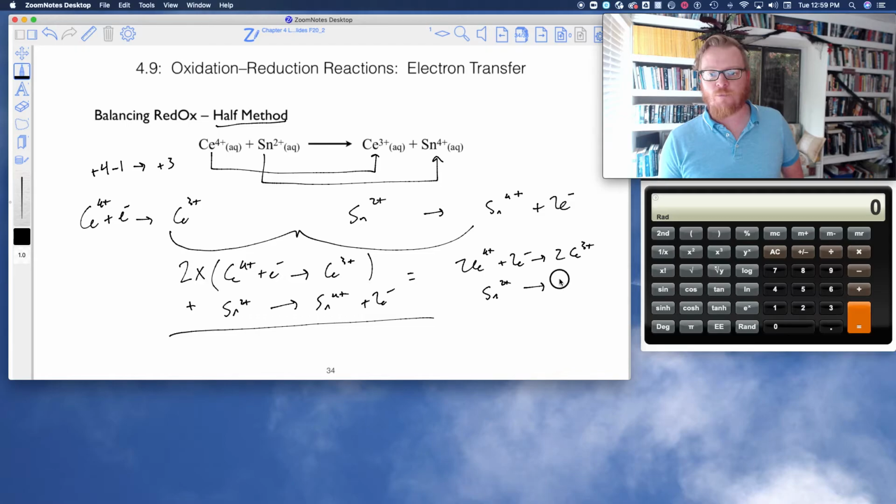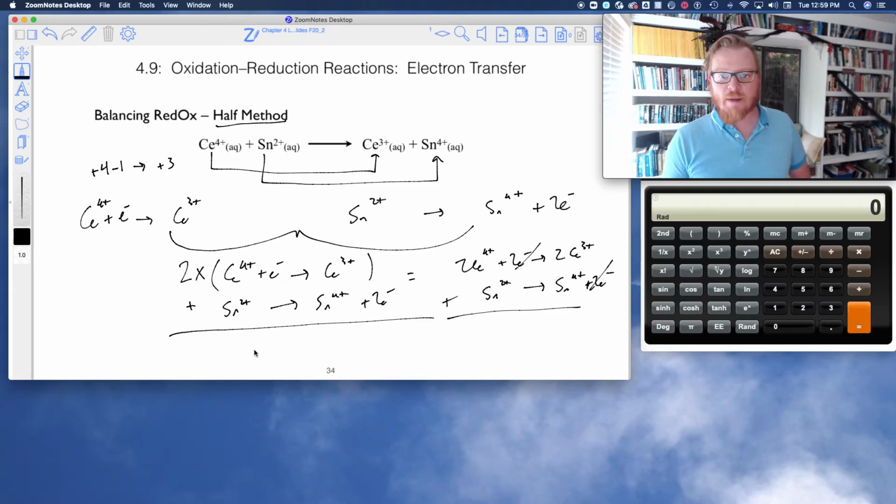So when I recombine these, I want my electrons to cancel. And what I'm left with for this balanced reaction is 2 of these ions, but we would not have ever expected that just looking at the equation.